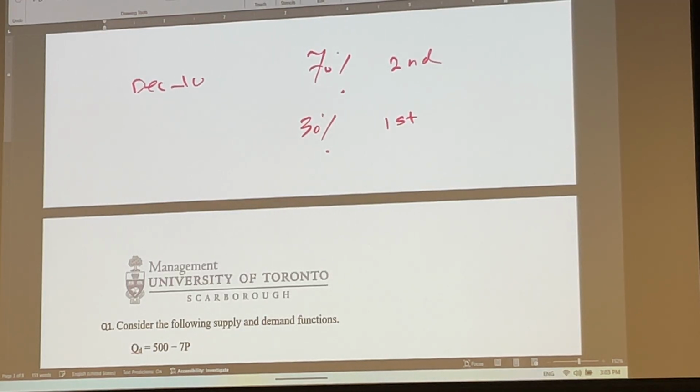The second half has two parts, supply and market. The market is lectures 9, 10, 11. The supply is 6, 7, 8.